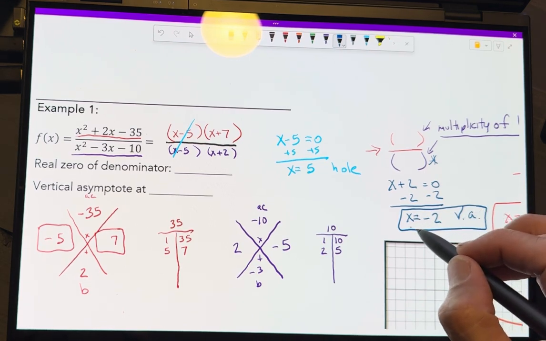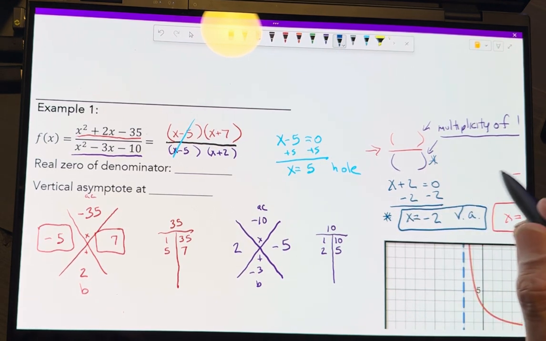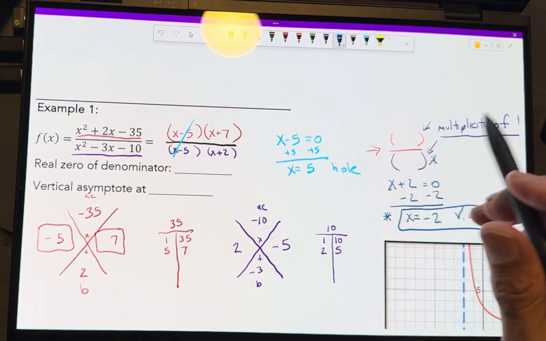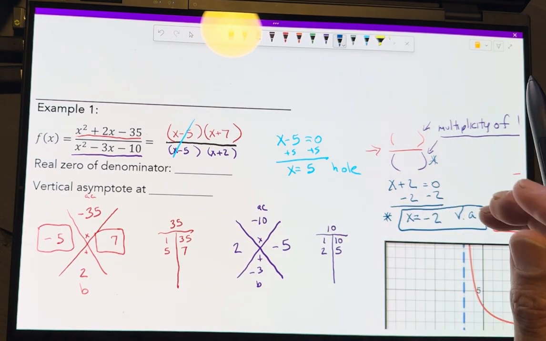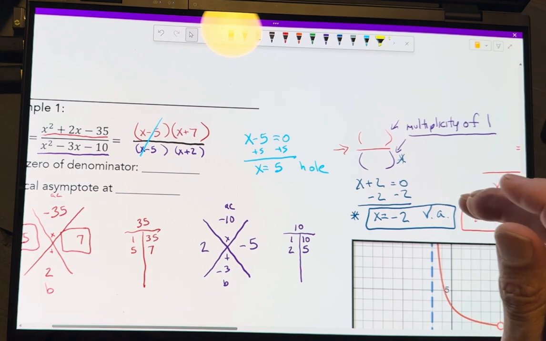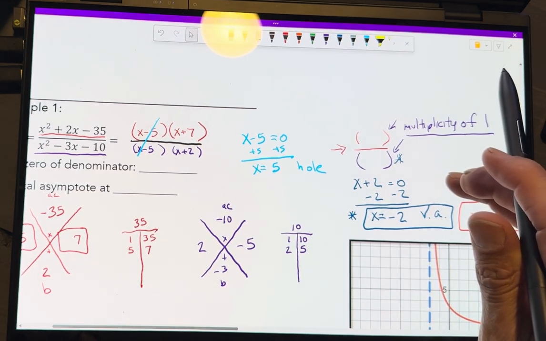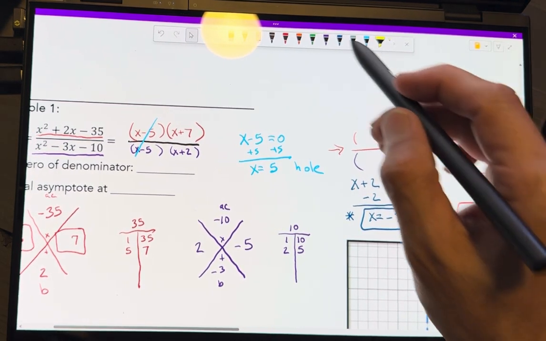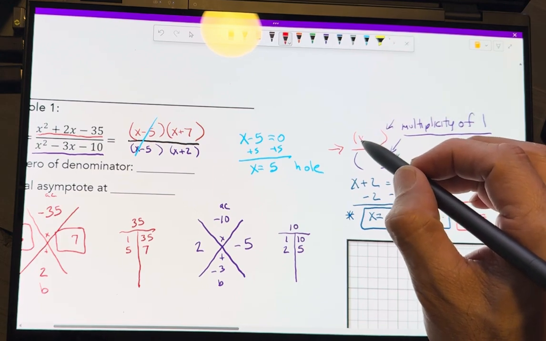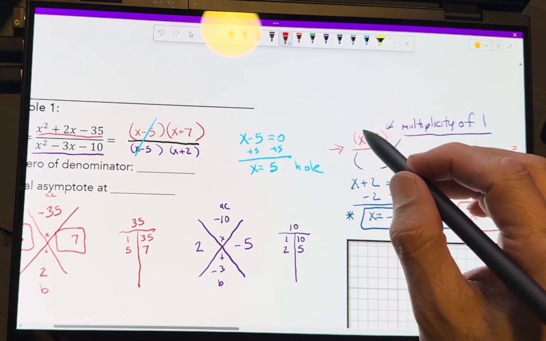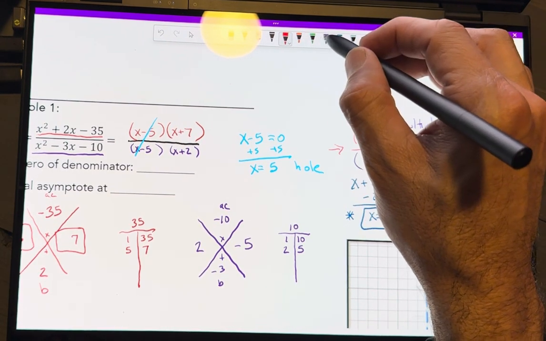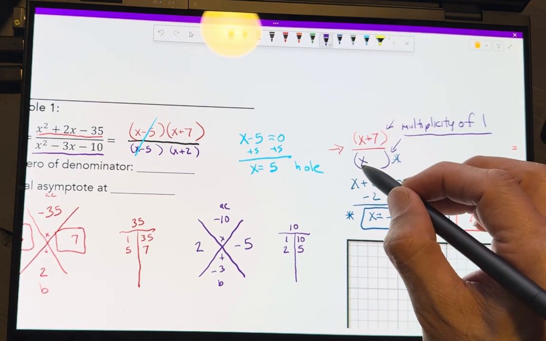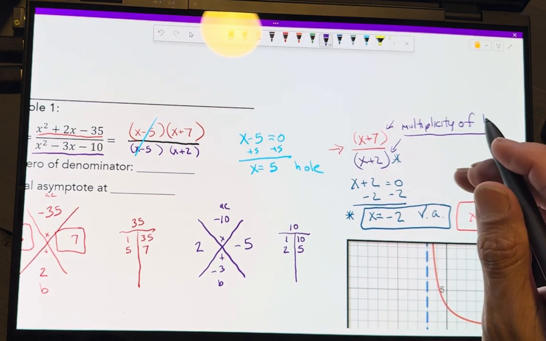This is a vertical asymptote. So we know that's a limit, because that can't equal 0. If that equals 0, then we're going to break the equation. So here we have x plus 7 over, this is what we end up with, x plus 2.